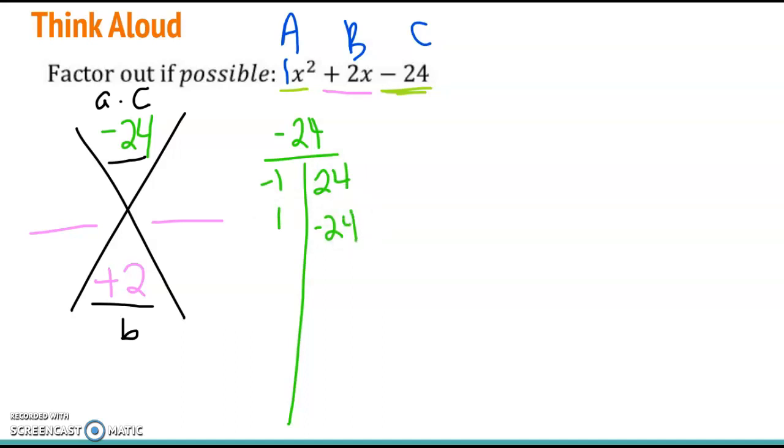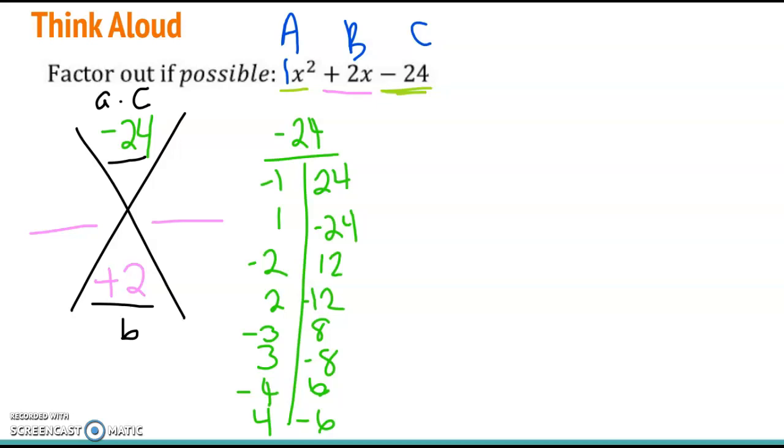And then I'm going to fast track this so I know all the factors of negative 24. As you can see, I got negative 2 times 12, 2 times negative 12, negative 3 times 8, 3 times negative 8, negative 4 times 6, and 4 times negative 6.